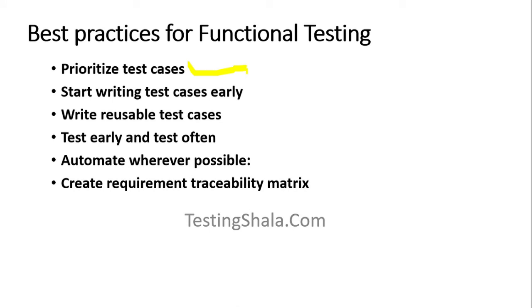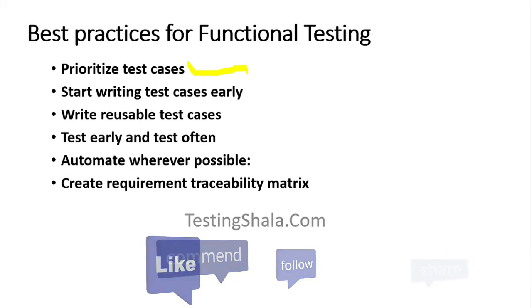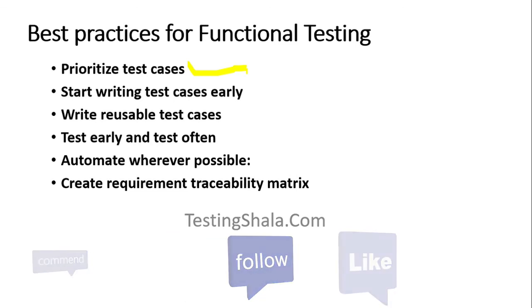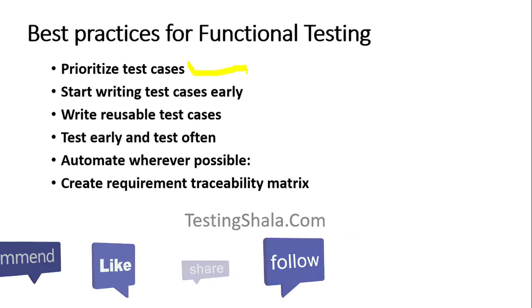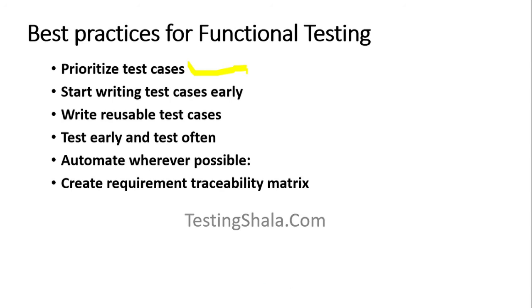Then the sixth important best practice for functional testing is you should create a requirement traceability matrix, which is an RTM. You should maintain this document where you will be tracking all the test cases against the functional requirements or user stories.